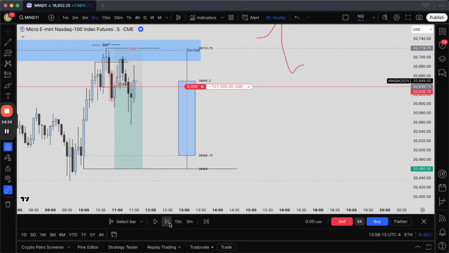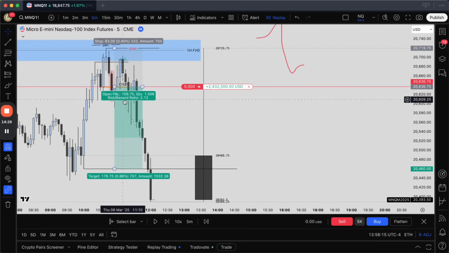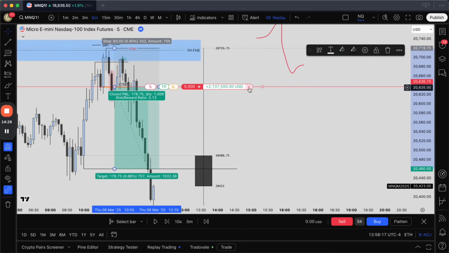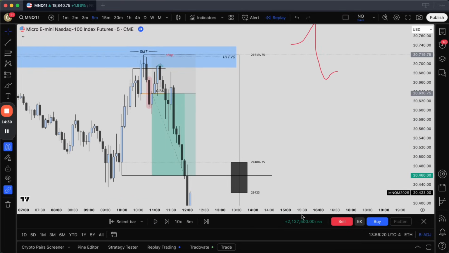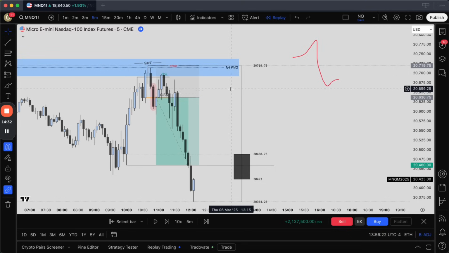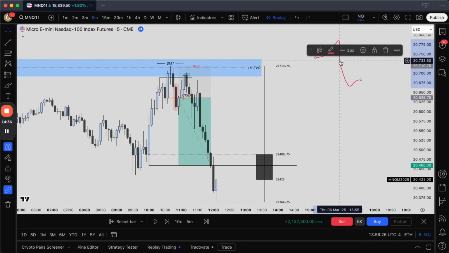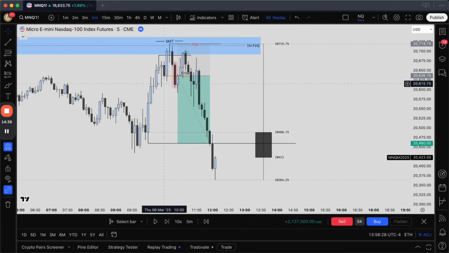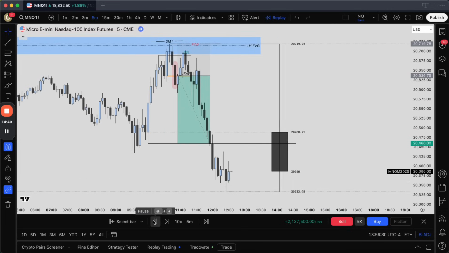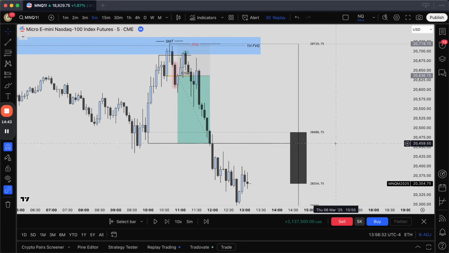Okay, we go into drawdown, and then price goes ahead and takes my final TP. Nice $2 million trade right there. But this is the 4-hour PO3. You see that right there? So that was a great bearish example. That's an A+ setup. And then we see how this 4-hour candle ends up being a red candle.